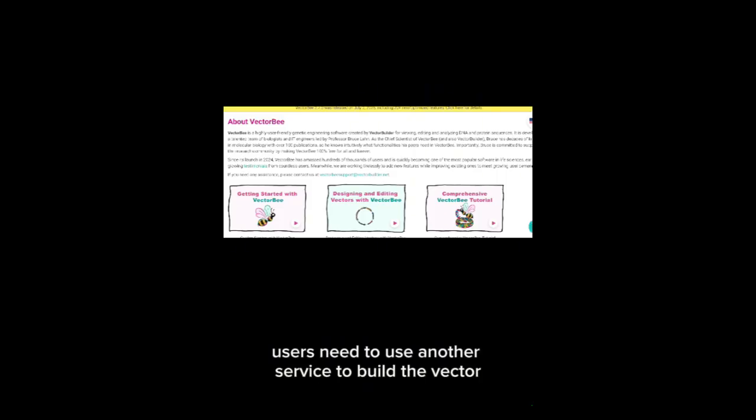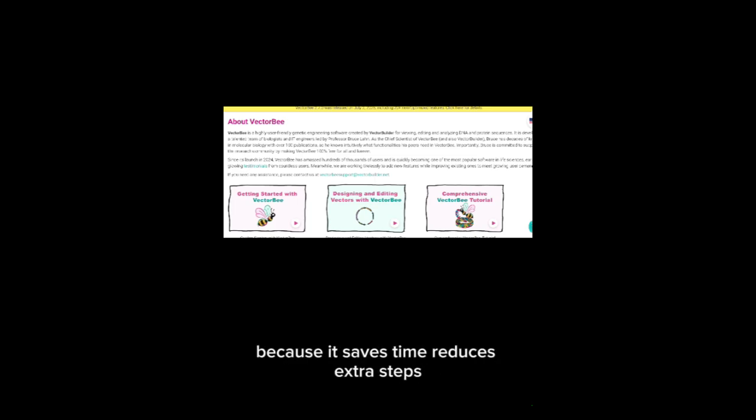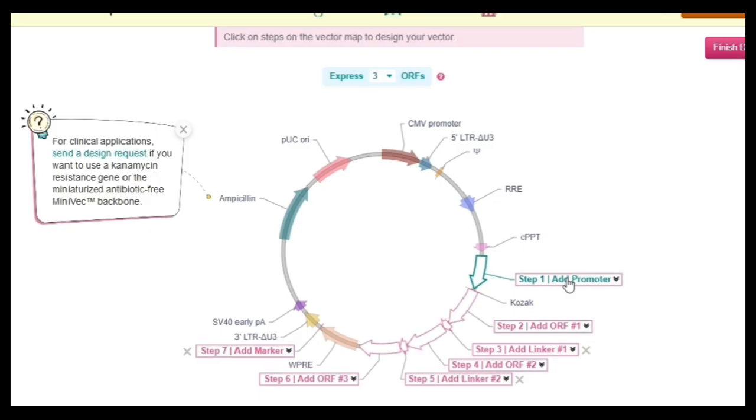It is free and useful during the early planning stage of experiments. However, VectorB does not provide vector construction or production services. Users need to use another service to build the vector, which can take more time. Overall, while VectorB is helpful for design and analysis, Vector Builder is more useful for the complete research workflow because it saves time, reduces extra steps, and supports users from design to final vector production.